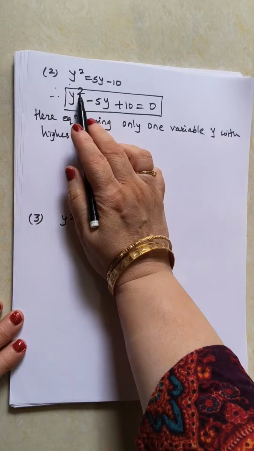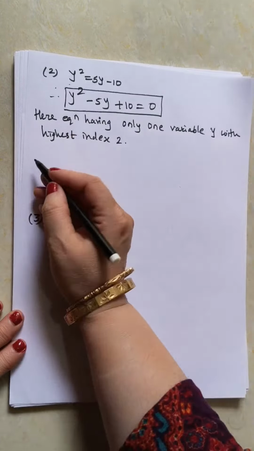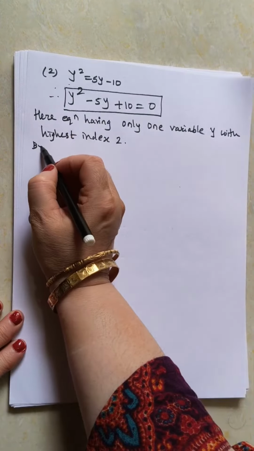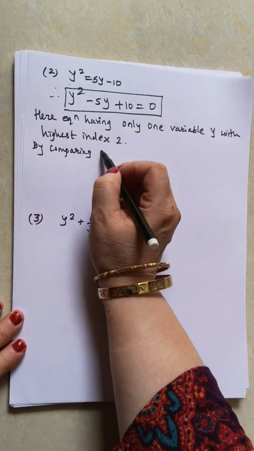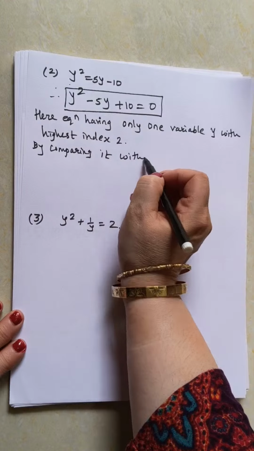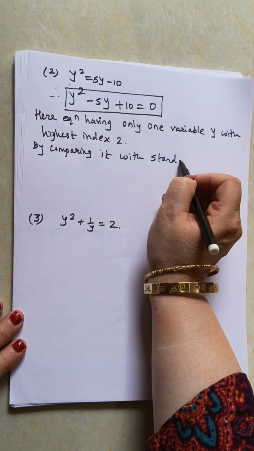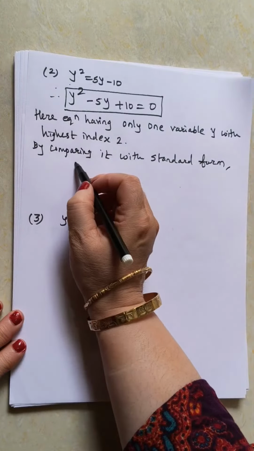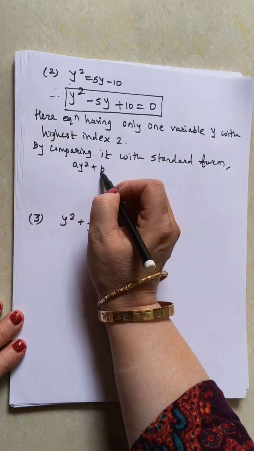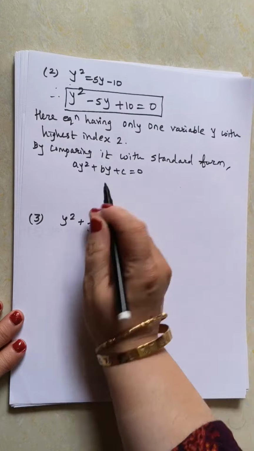What is the highest index? That is 2. Now by comparing it with the standard form, what is the standard form? Ay square plus by plus c is equals to 0.